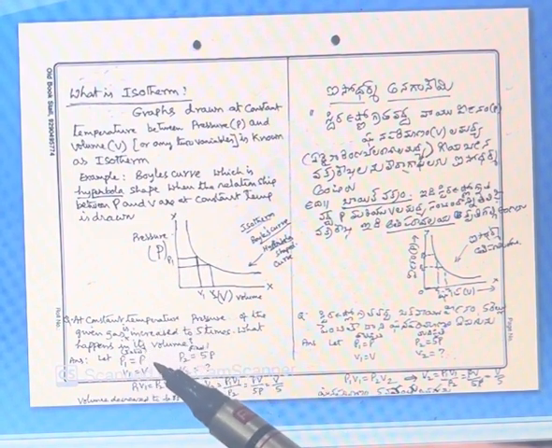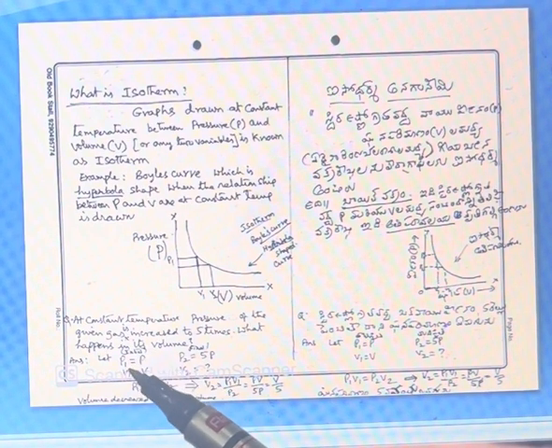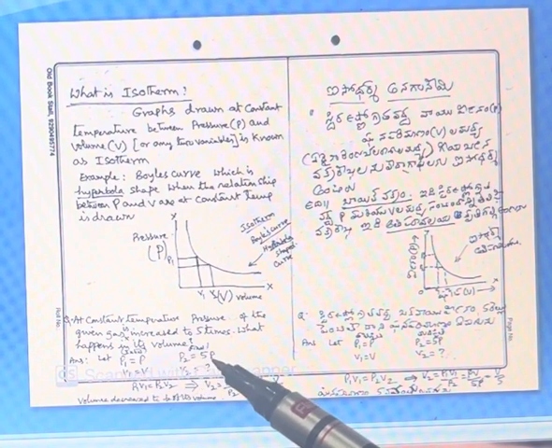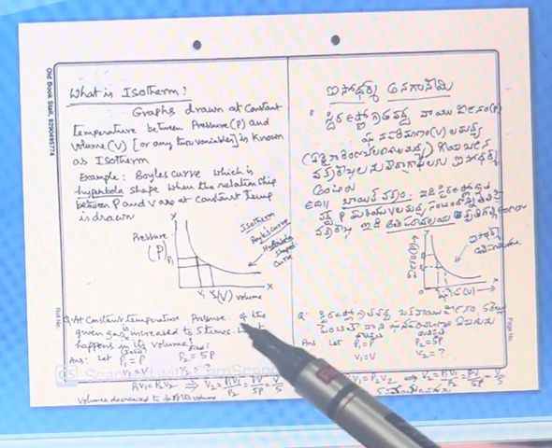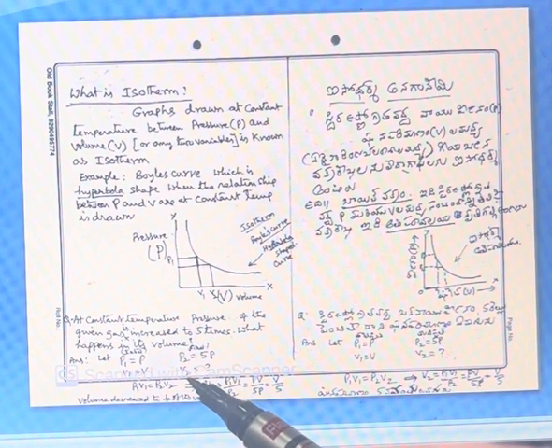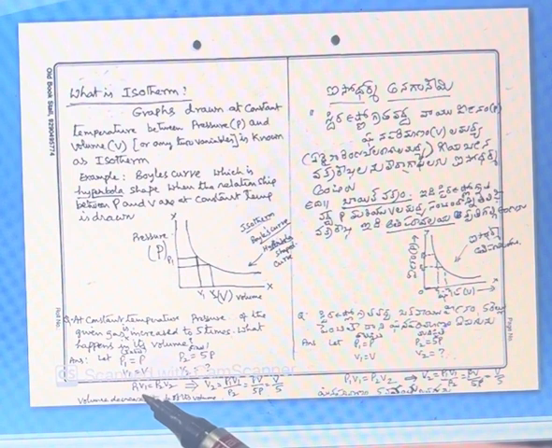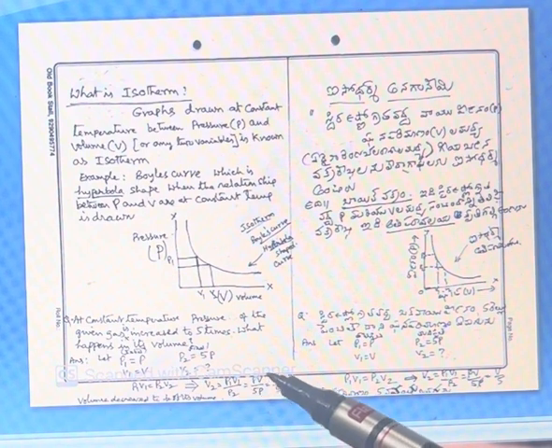Using the relation P1 V1 is equal to P2 V2. At the initial stage, let P1 be P and V1 be V. At the final stage, P2 is 5 times the initial pressure, so 5P. What is the volume at the final stage, V2? V2 is equal to P1 V1 by P2, that is PV by 5P.